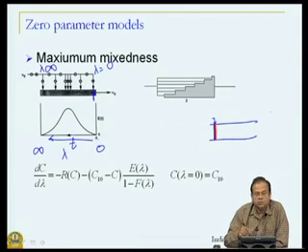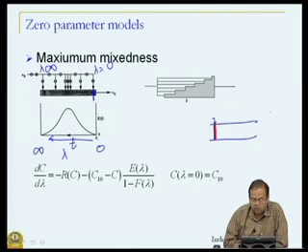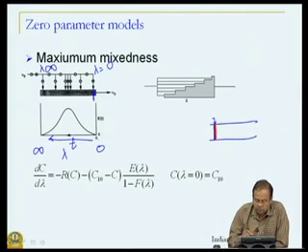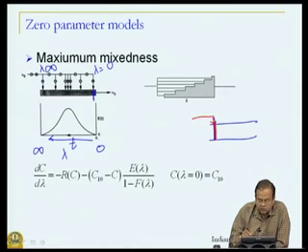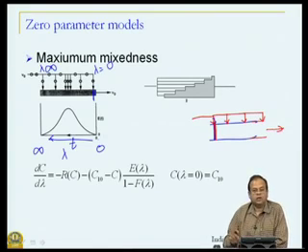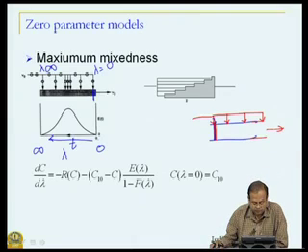Something else comes in, and it gets completely mixed. So, what does this imply? The situation of maximum mixedness is equivalent to a plug flow reactor with side entries, as shown over here.